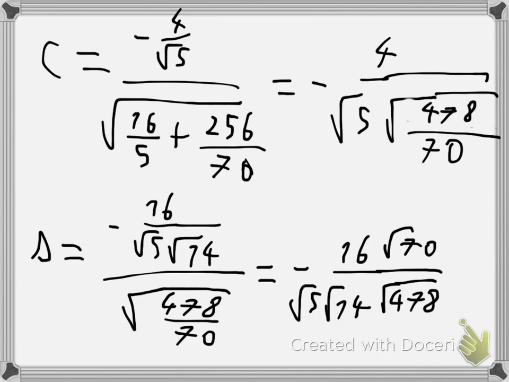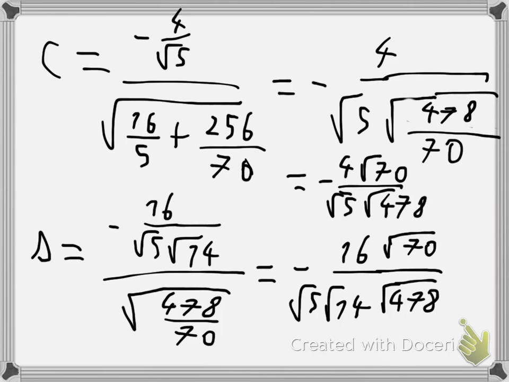Okay, so just to make it look a bit better, and for the cosine we can do the same thing. We get the following. Okay, so it's just a bit cleaner.